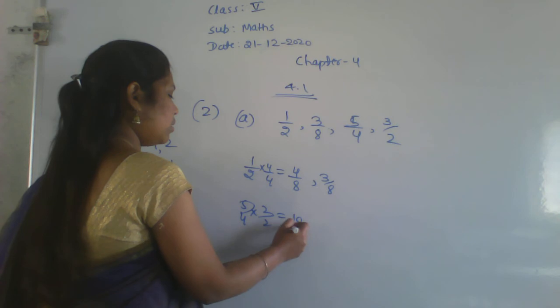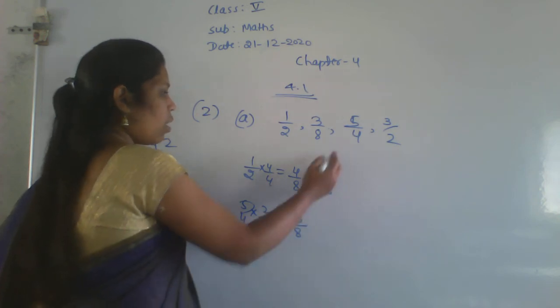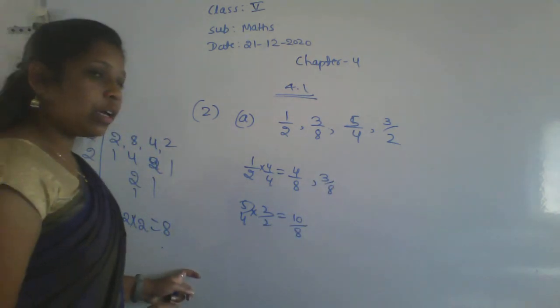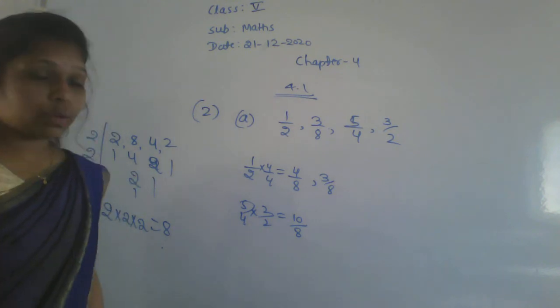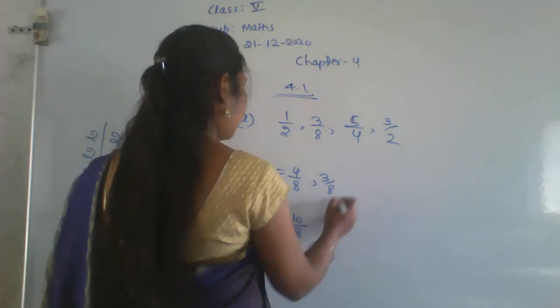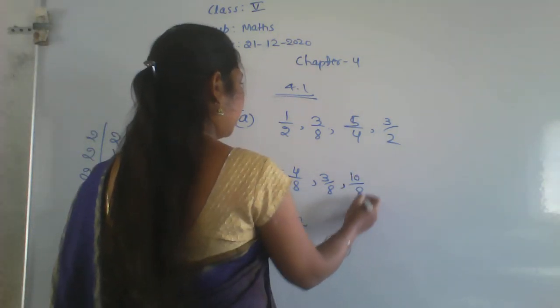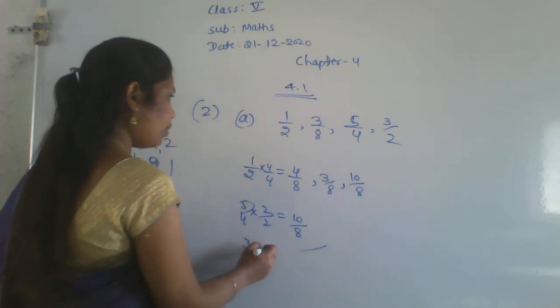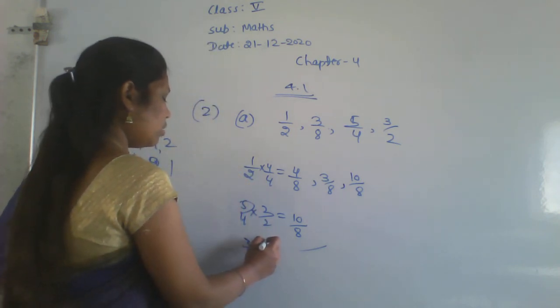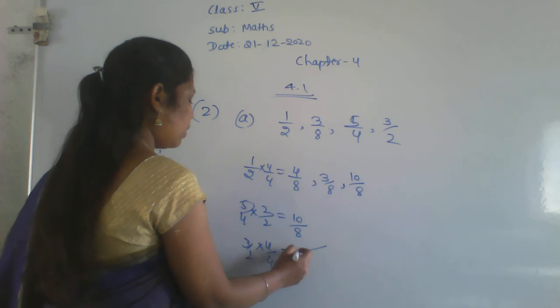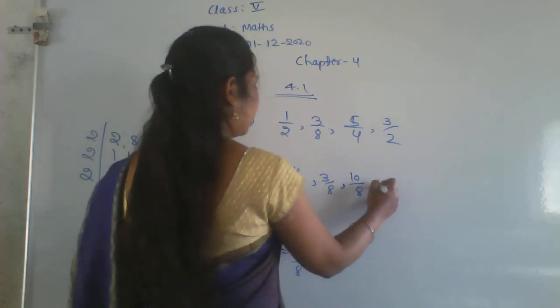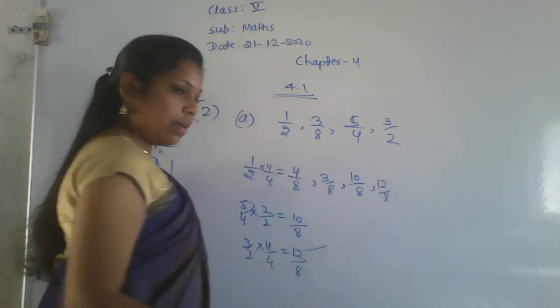It is 10 by 8, because LCM is 8. We want all the denominators as 8 only. Next value is 10 by 8. And 3 by 2 multiplied by 4 by 4 is 12 by 8. So next value is 12 by 8. Okay.